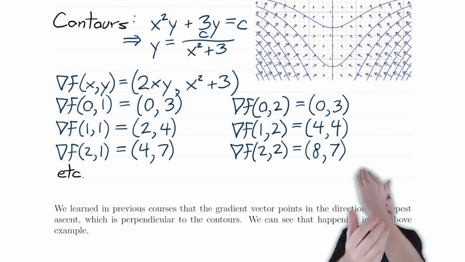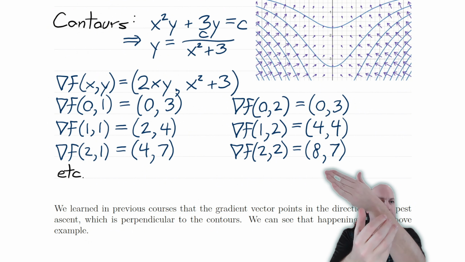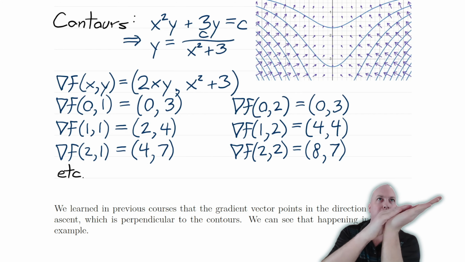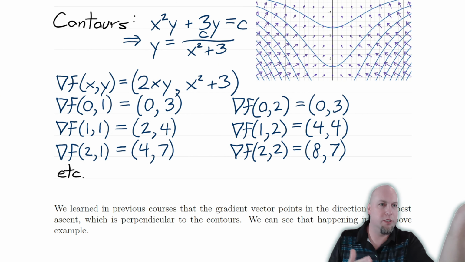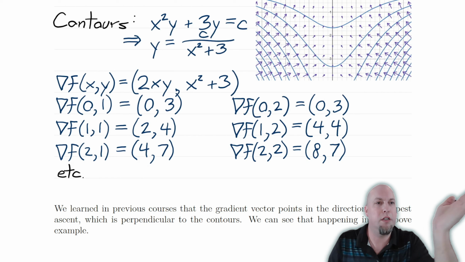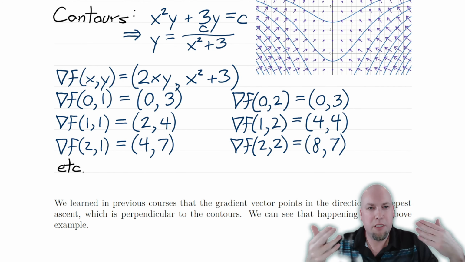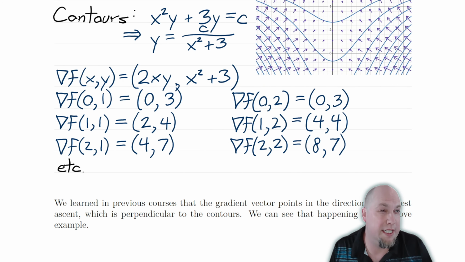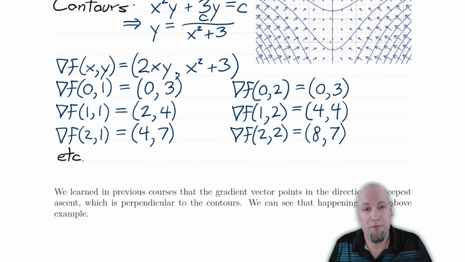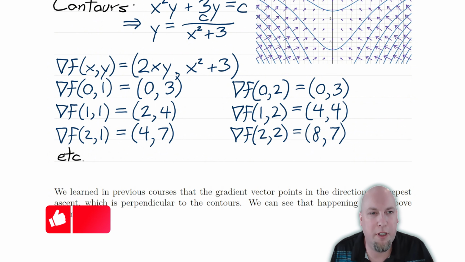If you want to go up the hill as quickly as possible, in other words the gradient direction, you should go perpendicular to not going up the hill at all, which is the contour direction. That's just from multivariable calculus, but it's useful to be reminded of that in this new context where we're thinking of these as vector fields rather than just the gradients of some function.